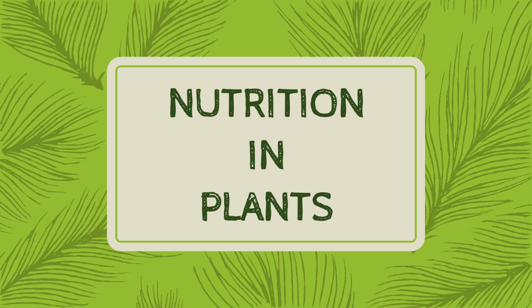These good bacteria absorb nitrogen from the air and fix that nitrogen in the soil. So these bacteria are called nitrogen fixing bacteria. Plants can absorb this nitrogen very easily. So by these two methods plants get nitrogen for the synthesis of proteins and fats.